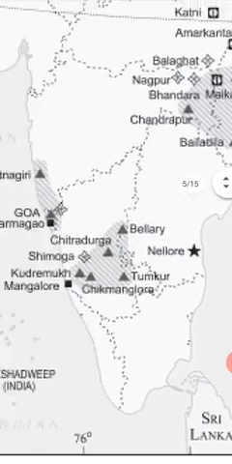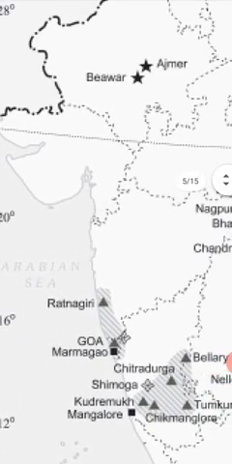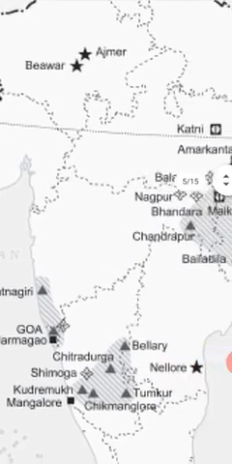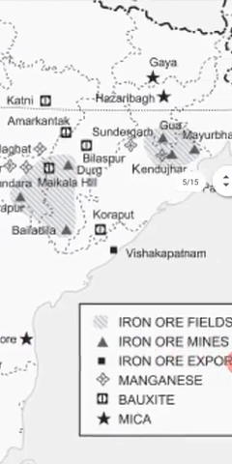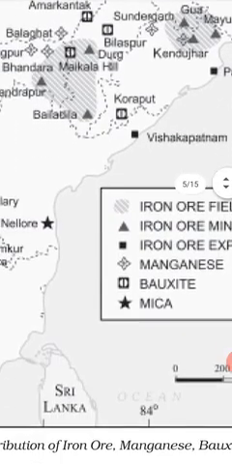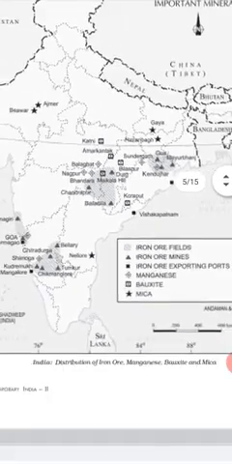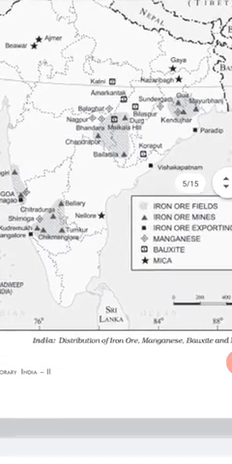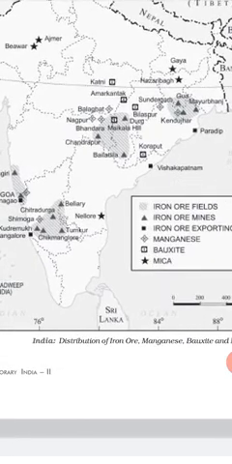And then mica, main areas are Beawar and Ajmer. These are 2 main mica producing areas, and some in Gaya and Hazaribagh. In the map again you see, and now you fill the map and paste it in your notebook.